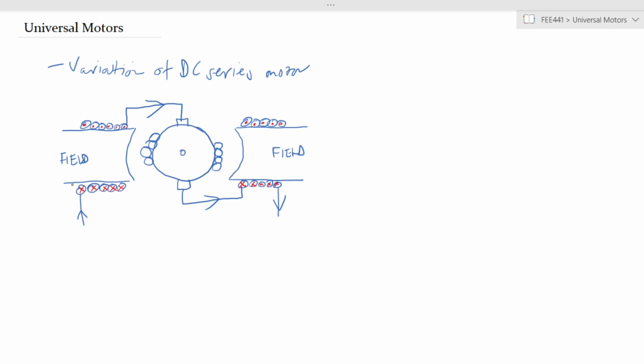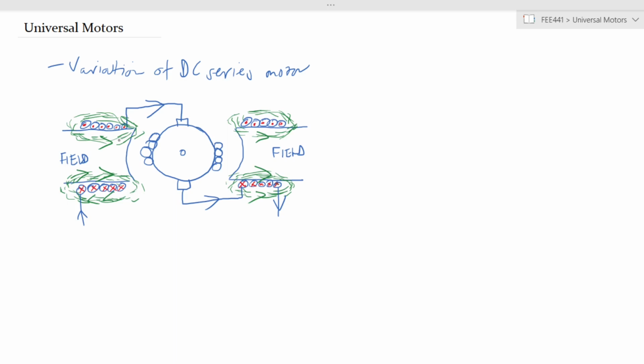So if you have current flowing into the windings in this part of the field, it will generate a clockwise direction in the magnetic field. Likewise, at the top, you have a magnetic field that will have an anti-clockwise direction. Similarly, on this side, you have the same thing, a magnetic field that goes that way, and here you have a magnetic field that goes in that direction.